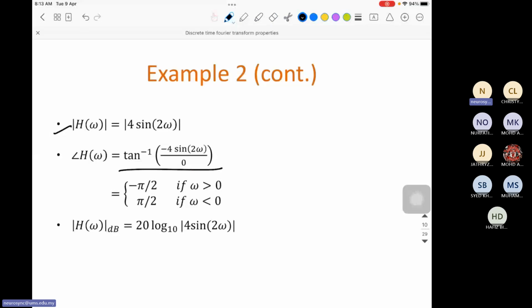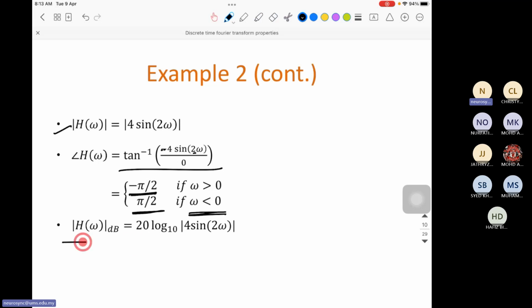If omega is greater than 0, this is sine of 2 omega, so you will get the angle minus pi by 2. If omega is less than 0, since there is a negative sign here, you will get pi by 2.